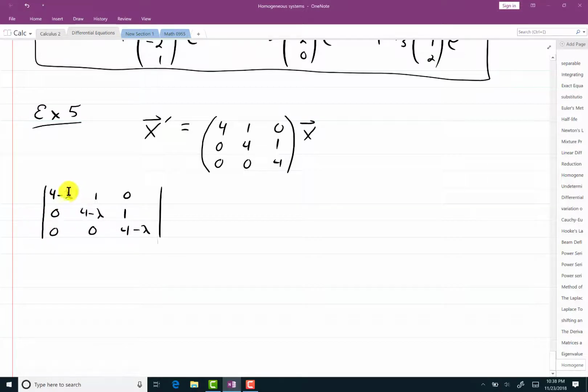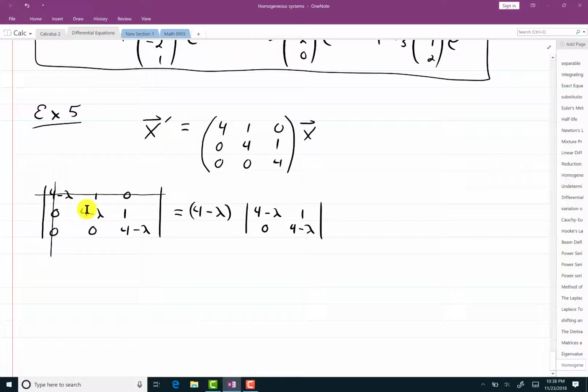That's going to make it so I only have one calculation to really do. I'll do 4 minus lambda, and remember, you cross out its row and column, and what's left is your submatrix that you're going to work. So I have 4 minus lambda, 1, 0, 4 minus lambda.